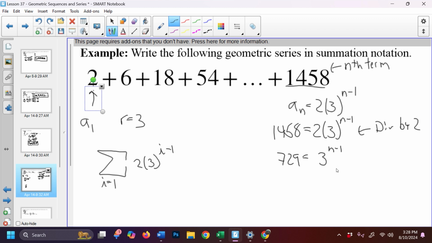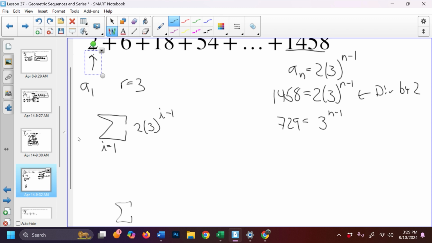Now we could go through and just hammer out a multiplication. It wouldn't take us very long, but this is a pretty big number. The easiest way for us to figure this out is to use a logarithm. And so I'm going to take the ln of both sides. So we'll go ln of 729 equals the ln of 3 to the n minus 1.